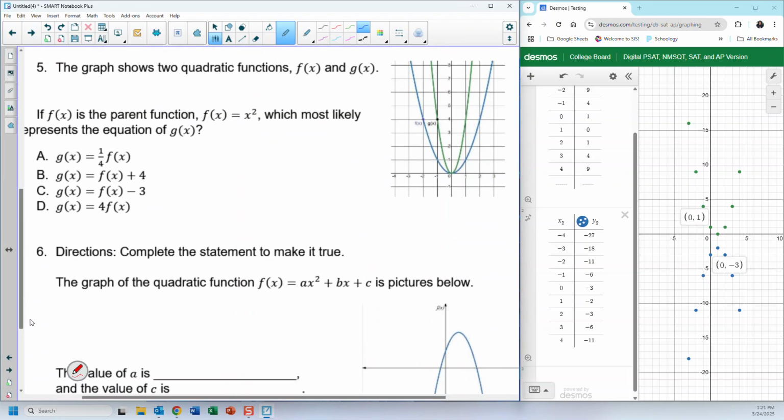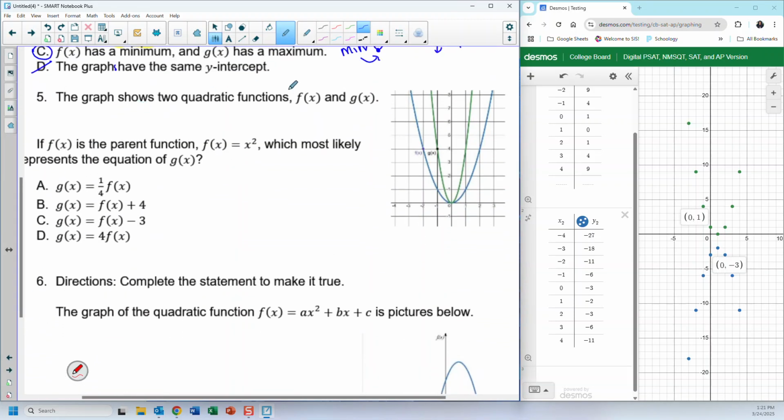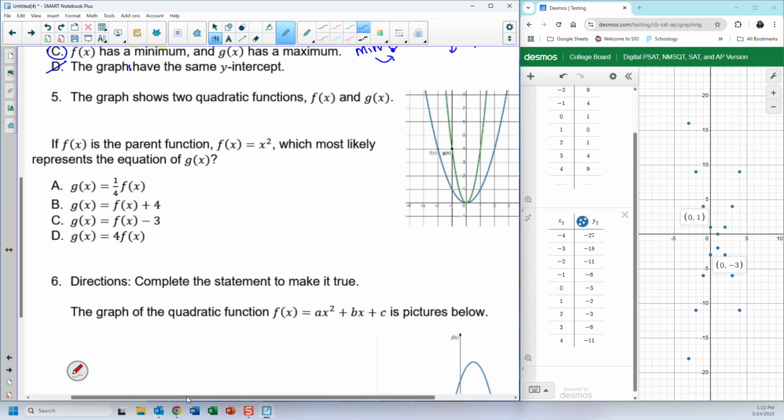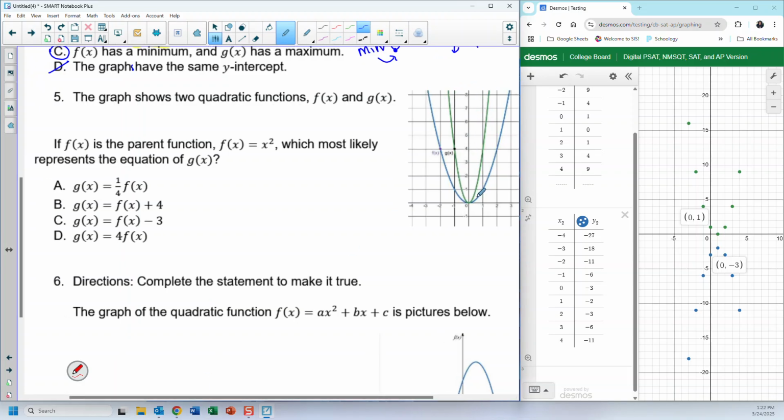All right, so number 5, it says the graph shows 2 quadratic functions. You have f of x. So it looks like the f of x here is on the blue graph, and the other most likely represents the g of x. So we're looking for the green graph right here. If you notice, the green graph is a little bit skinnier, or squeezed in more.